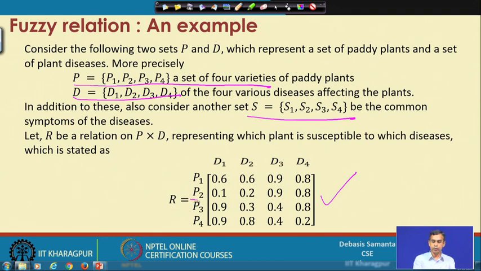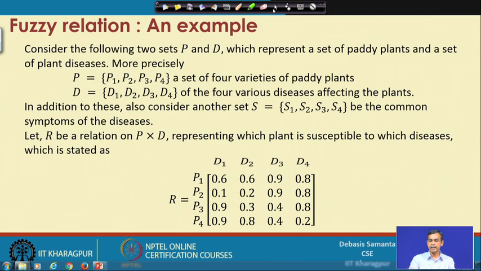For example, P 2 is a plant and is susceptible to disease D 1 with 0.1 certainty, D 2 is 0.2, D 3 0.9 and D 4. So, we can say that P 2 is very much susceptible to the disease D 3 or D 4 and less susceptible to the disease D 1, D 2. This is the meaning of the fuzzy relation.